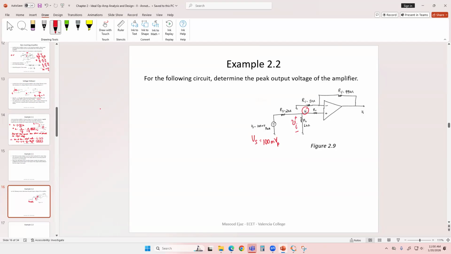Again, there's no current going into the inverting input terminal and non-inverting input terminal. So there's no voltage drop in this resistance. So whatever voltage you will see here at this node across this resistor is going to be the voltage applied at the non-inverting input terminal, because no voltage is going to be dropped in that resistor.